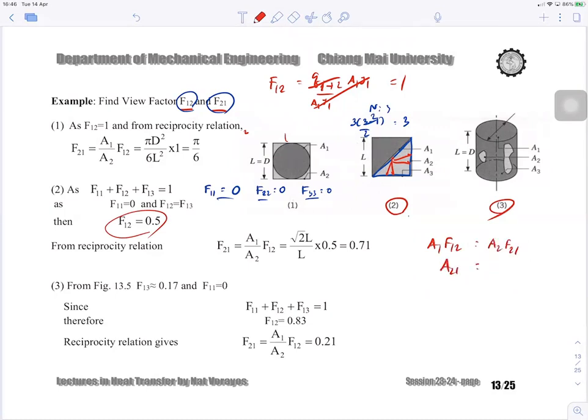So you rewrite this equation, you're going to have A1 over A2 times F12. Now you have F12, just substitute, right? And you can find A1 and A2, right? So this is going to give F21 equal to 0.71, okay?